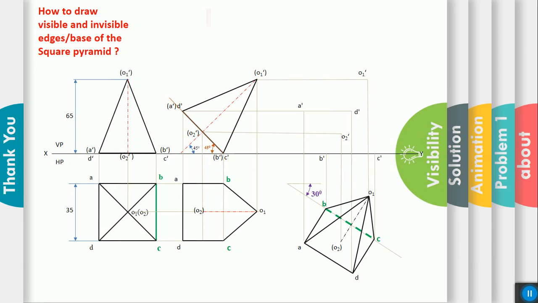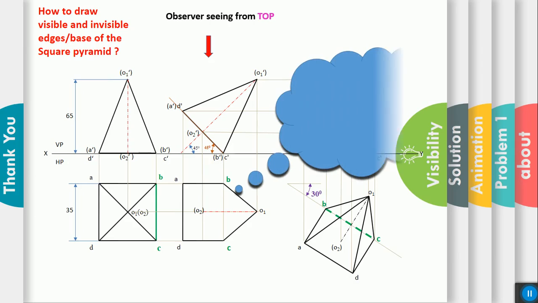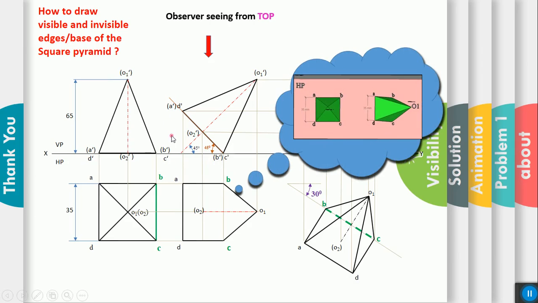When the observer is seeing from the top side, he can't see the base A dash, B dash, C dash, D dash. Also, he can't see the resting base edge B dash and C dash. Hence, in the top view, the base edge BC is invisible, which should be indicated with a dotted line.